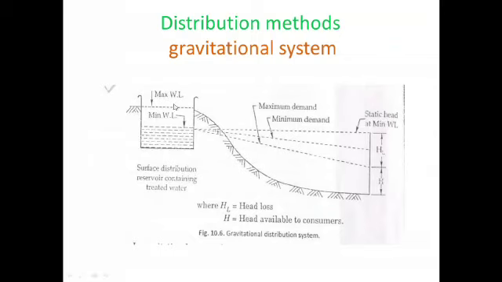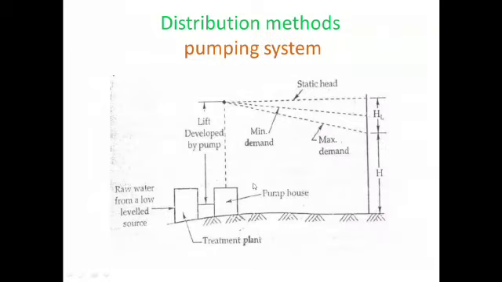This is how the gravitational system works, wherein this is the surface distribution reservoir, and through gravity the water will be provided to the area. And in the pumping system, at all the places pumping is involved and the water is supplied to the public or the consumer.